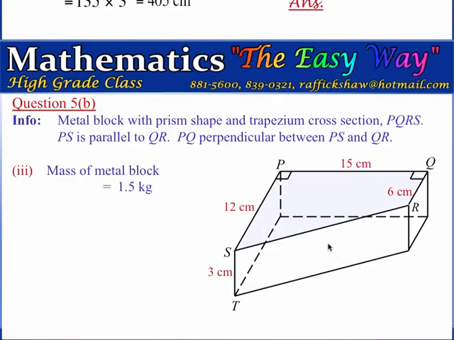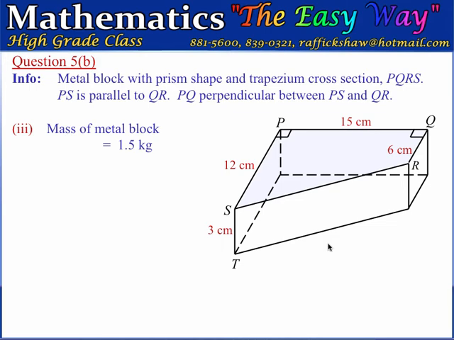Let's move down now to part 3. Now in part 3, we are told that the mass of the metal block is 1.5 kilograms. That's the mass of this metal block. And that 1.5 kilograms is equal to 1,500 grams. And I've done this because we'll be required to give our answer in grams.